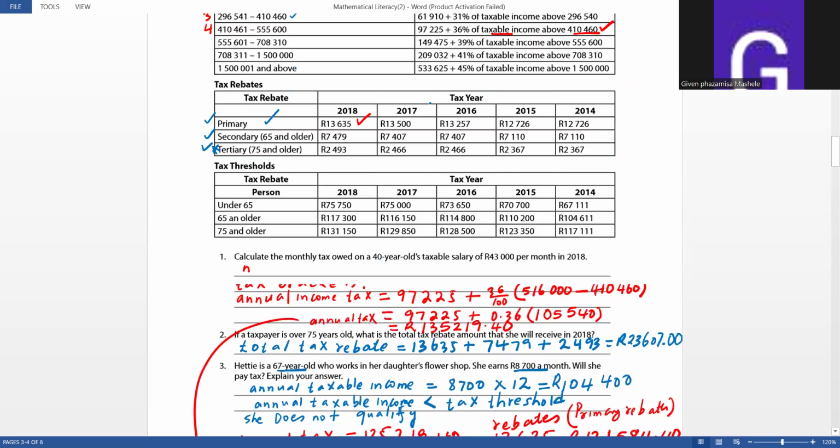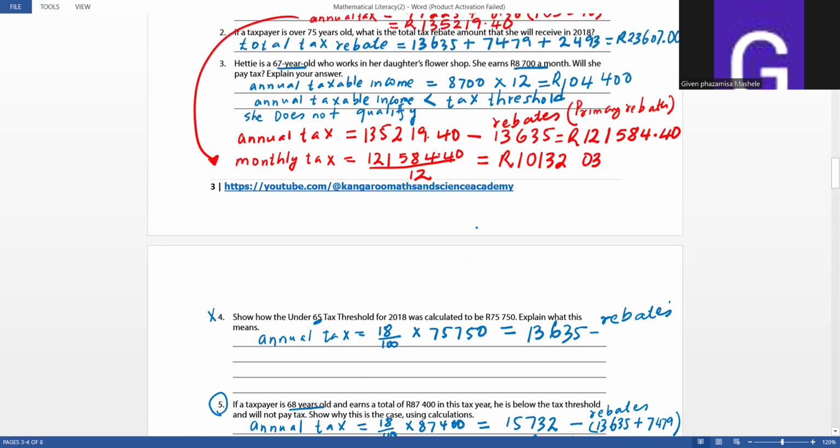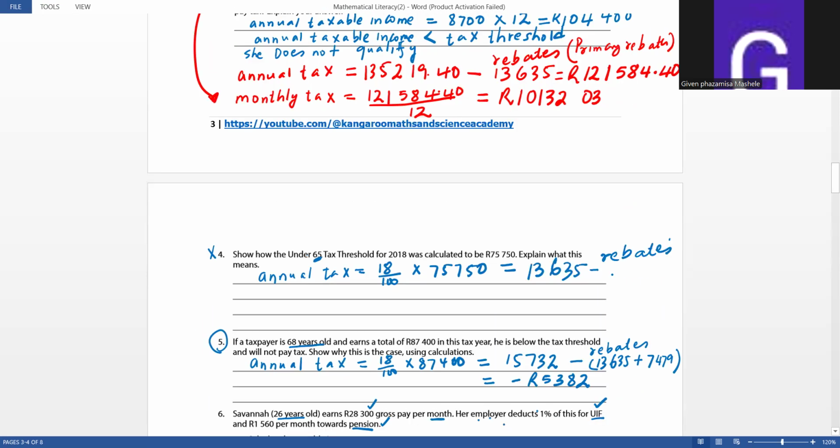The primary rebate is 13,635. What is the difference? The difference is 0. So you see that there is no tax being paid at this threshold.